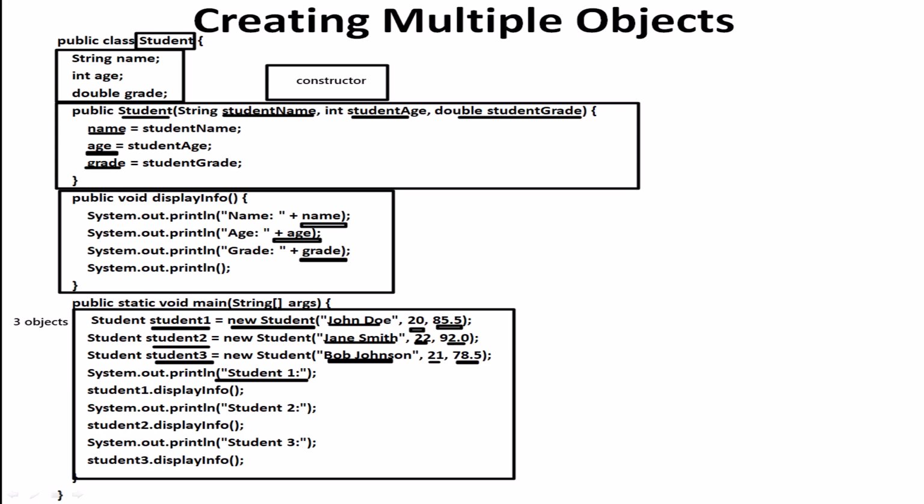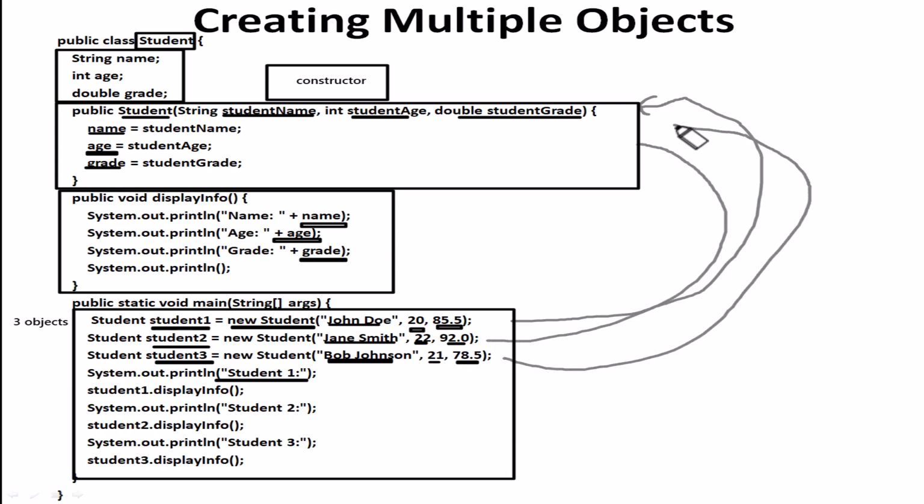From here the control goes to here. Student1 is object 1, student2 is object 2, student3 is object 3. Whenever this parameter is called, it will go to this particular point and also to this particular point. Now it has to display the student information.